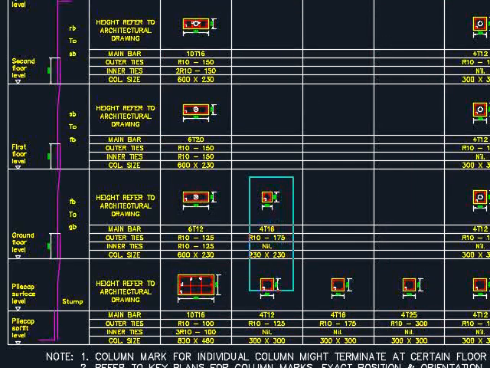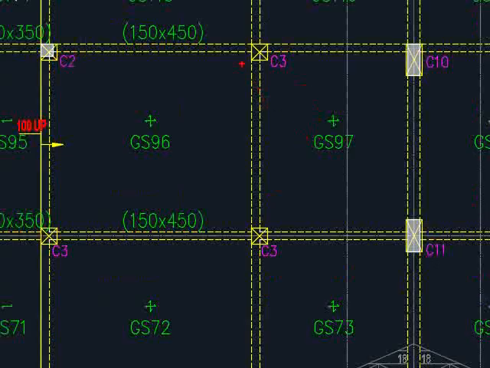There will be some columns stopping at the first floor, and there will be some columns stopping at the ground floor. Information needs to be in line with the structural key plan. When it stops here, that means in the column schedule, it should also stop.